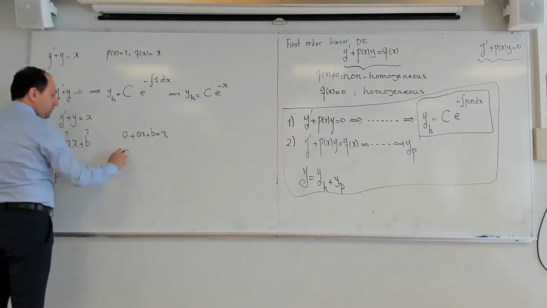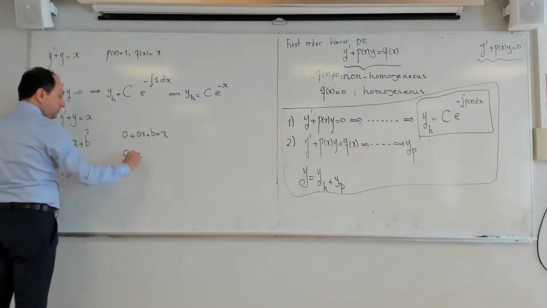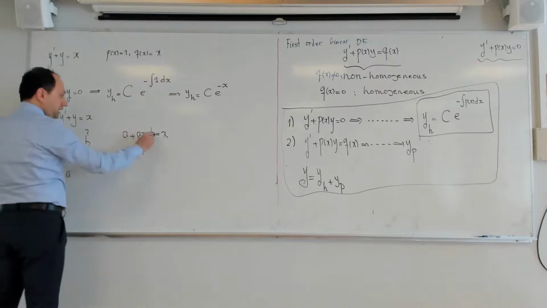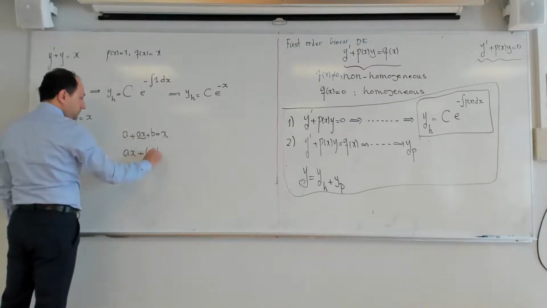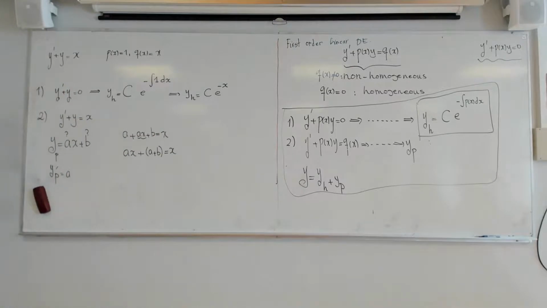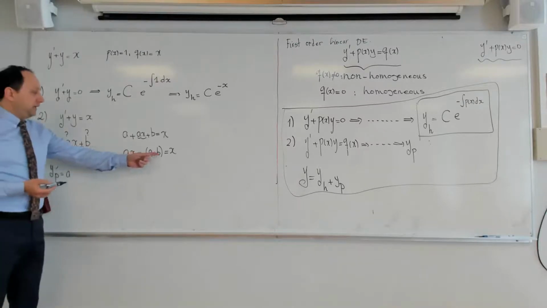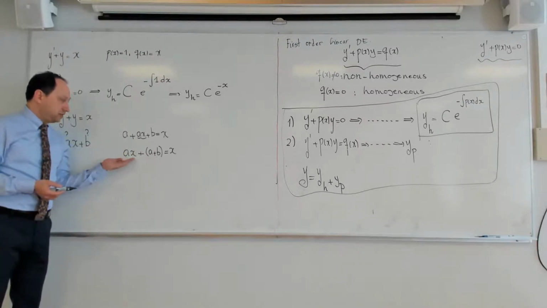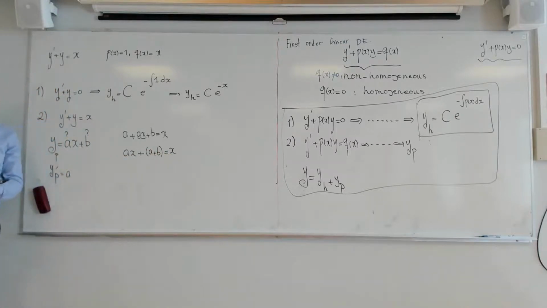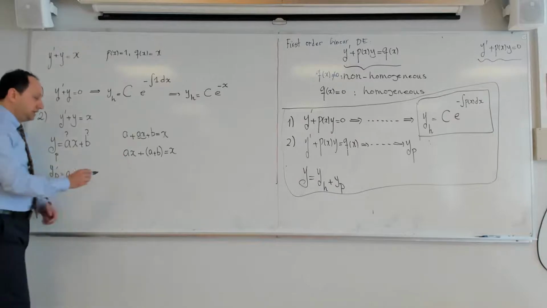And then I will write it in a standard form. I have a polynomial of degree 1, and a and b are constants. This becomes equal to x. So now what I need to do is fine-tune a and b in a way that this polynomial on the left matches with this polynomial on the right for all possible choices of x. So this is clear.